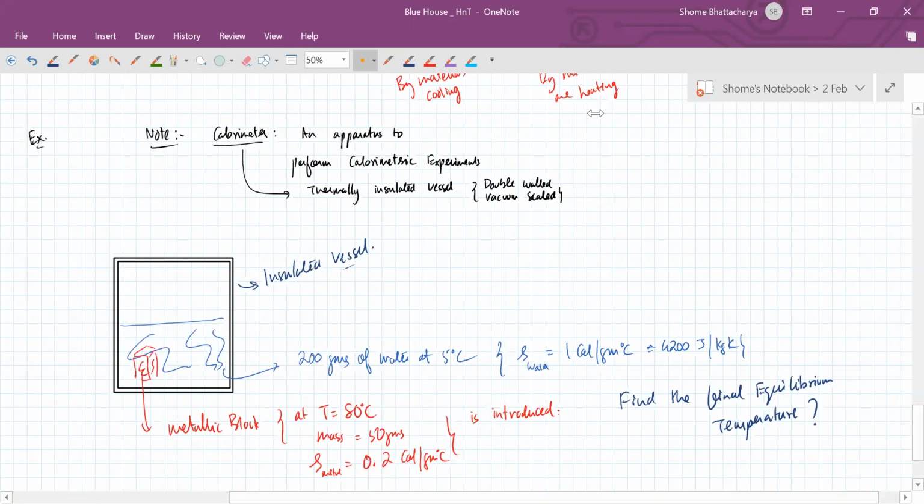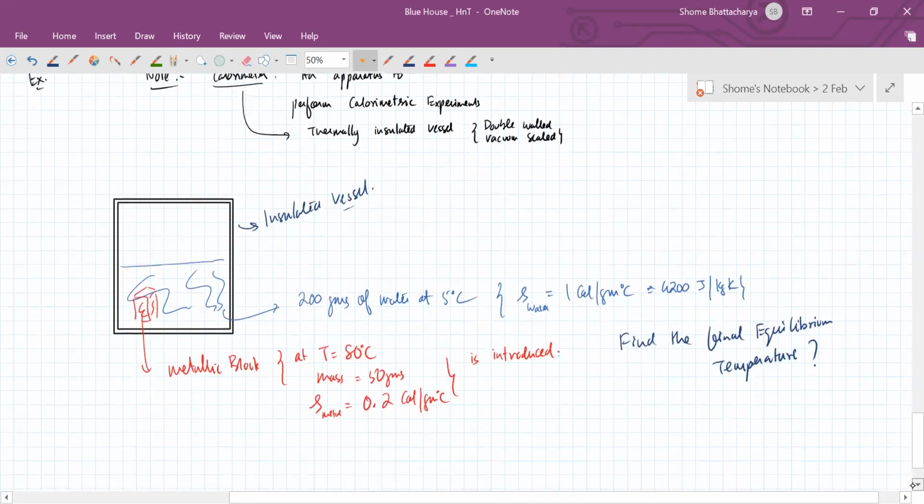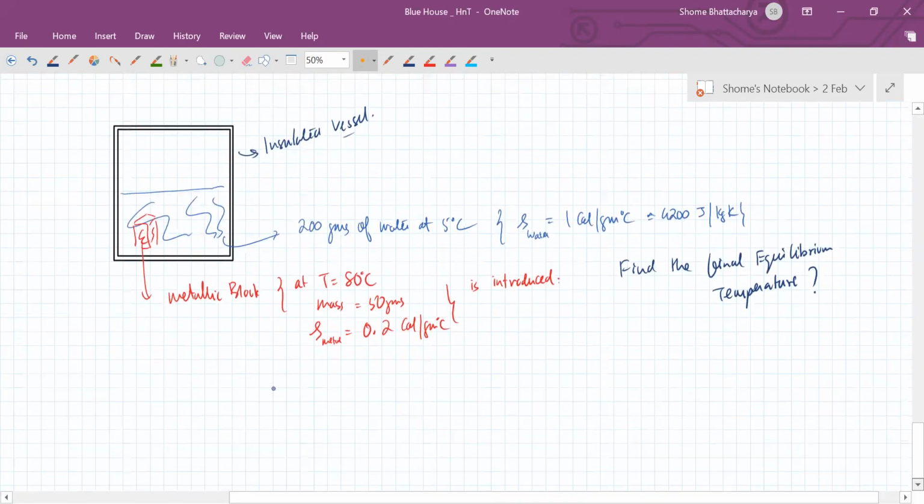Okay, so how much is the final temperature coming out to be? Most people are getting different answers. Let me check. Okay, so see here, initially you have M1 equal to 200 grams at T1 equal to 5 degrees C for water.